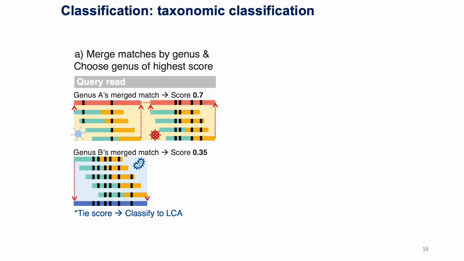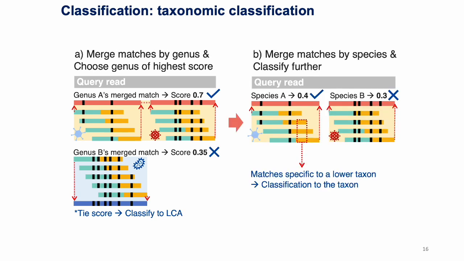But for genus B, the merged match has the score 0.35, so genus A is selected here, and for genus A, its matches are separated by species, and species A has the higher identity score, so species A is selected. And if matches specific to a lower taxon were found, Metabuli makes a classification to the lower taxon.